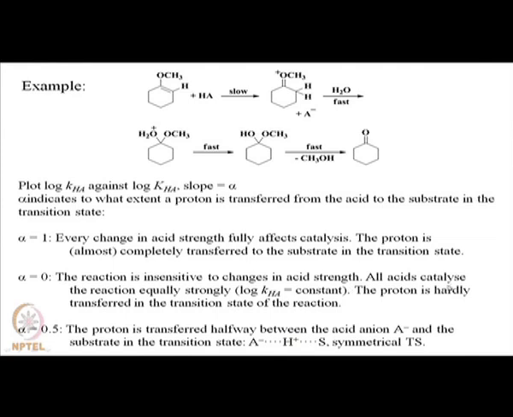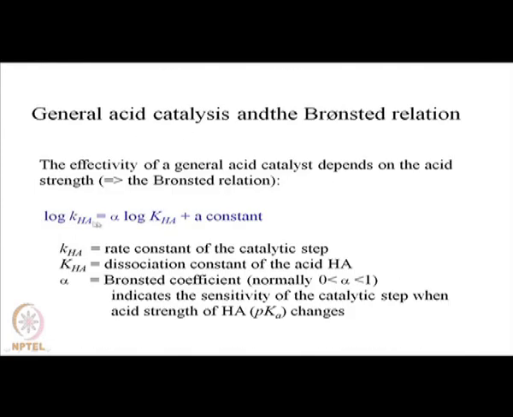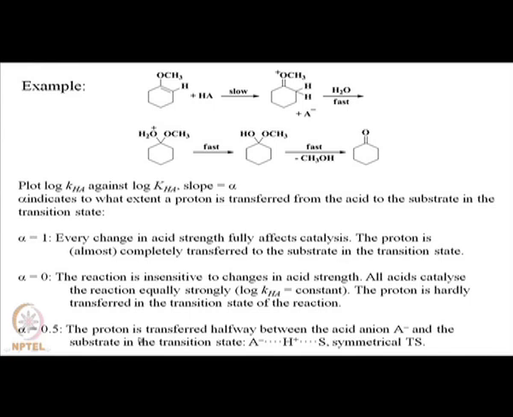The proton is hardly transferred in the transition state of the reaction. And if it is 0.5, that means log KH is equal to 0.5 log capital KHA plus constant, then the proton is transferred halfway between the acid anion and the substrate in the transition state. So, the transition state is symmetrical, it looks like this.